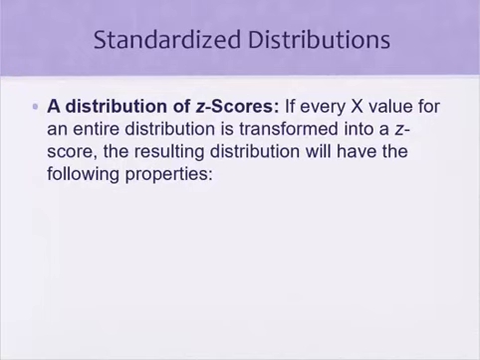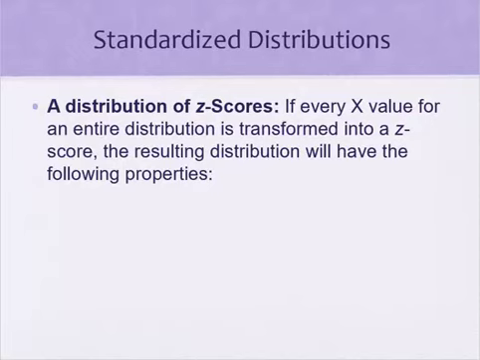So a standardized distribution is a distribution where all the raw scores have been transformed into new values in order to create a predetermined mean and a standard deviation. That's what we're going to do with these data.